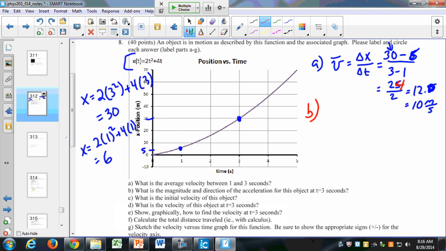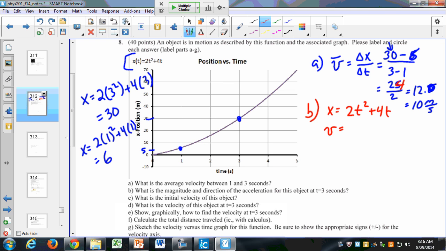16 meters per second squared. No, that's not right. Well, positive 4, that's right. So here my x function is 2t squared plus 4t. And then I want to find the derivative of that.